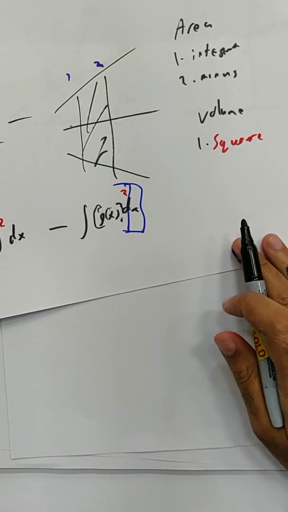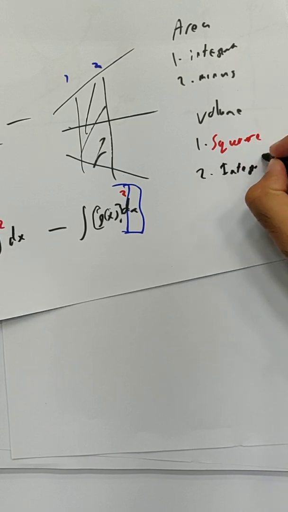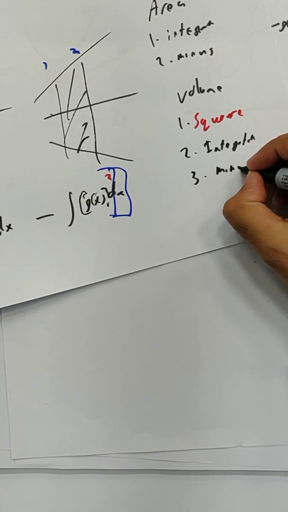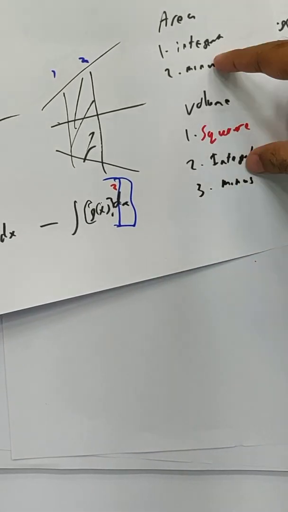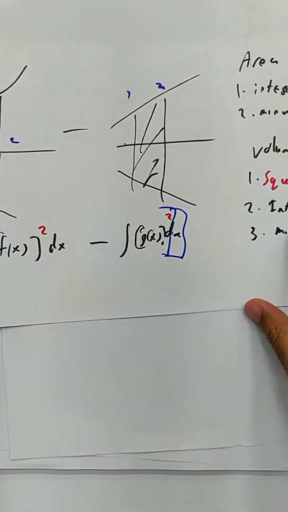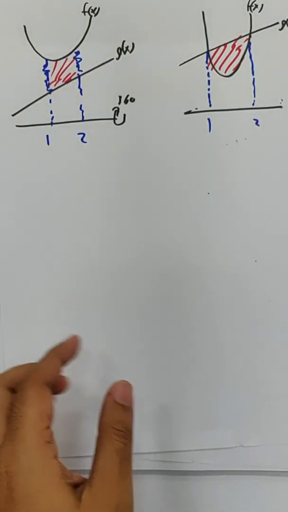We square and then we integrate and then only you minus. So you can say minus is the last process and square comes first before you minus things. Okay, so this one is for the left side.